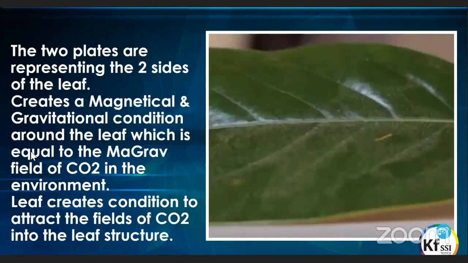So the two plates that you've got are representing the two sides of the leaf. What this does is create a magnetical and gravitational condition around the leaf, which is equal to the mag-grav field strength of CO2 in the environment. So your leaf is creating the condition to attract the fields of CO2 into the leaf structure.